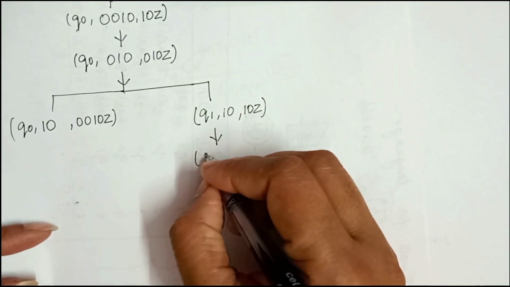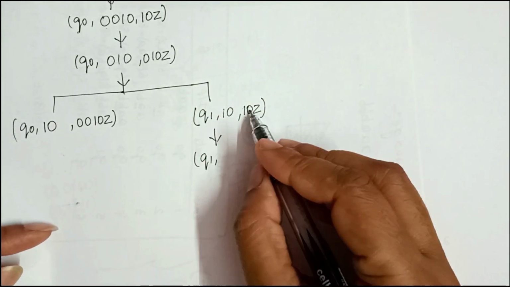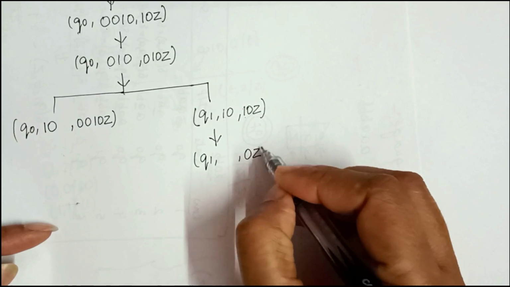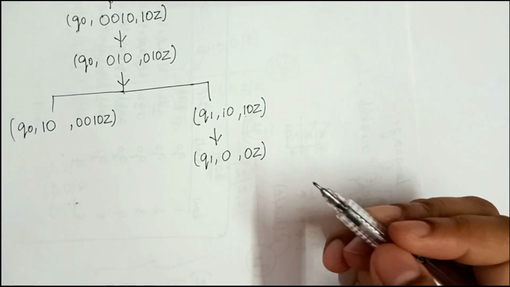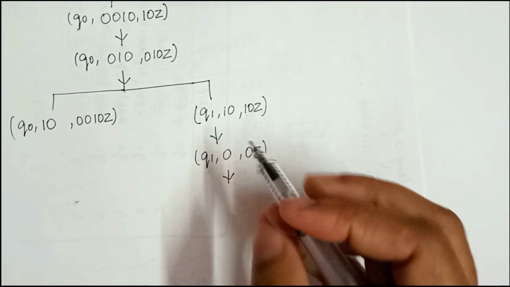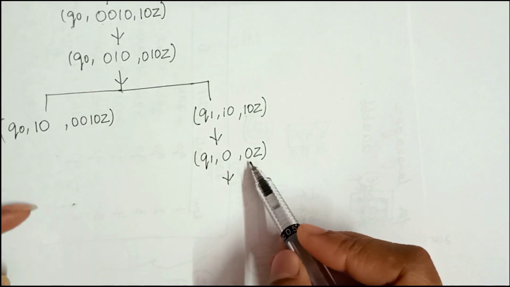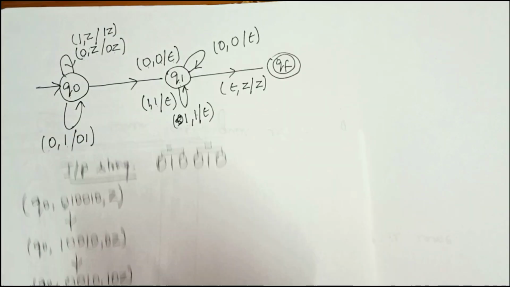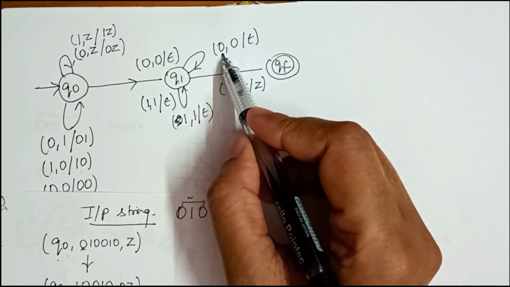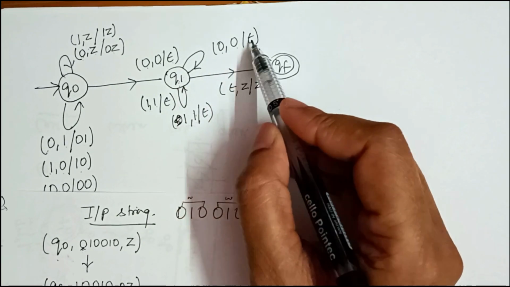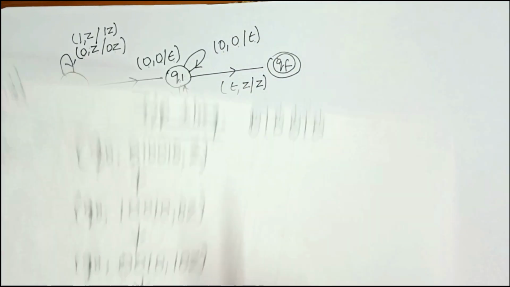So it will become Q1, we pop this, so the stack becomes 0Z and the input symbol remains 0. Now the input symbol is 0 and the top of the stack is 0 and we are on the Q1 state. So we have an epsilon move, which means we have to pop it.